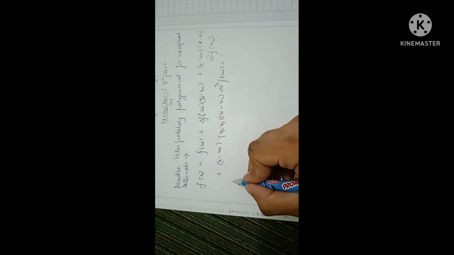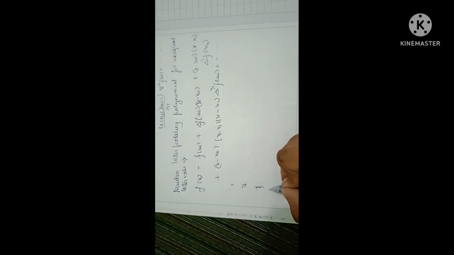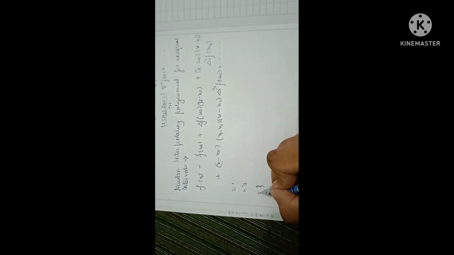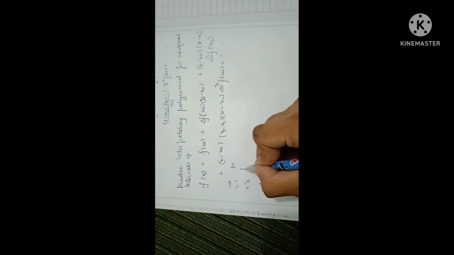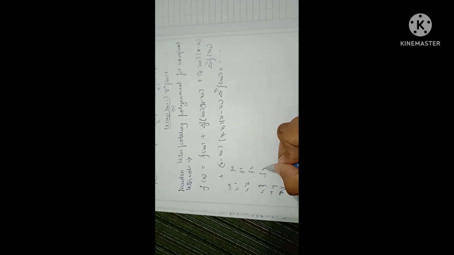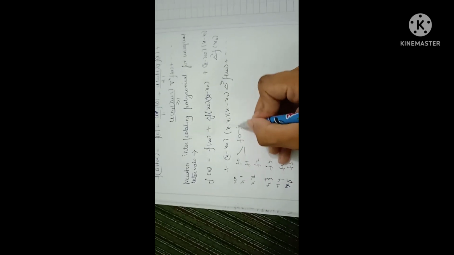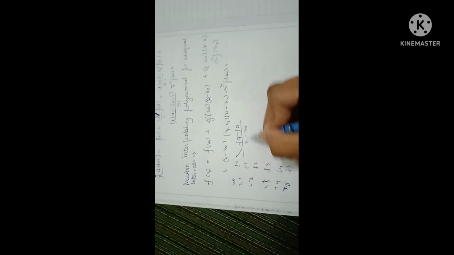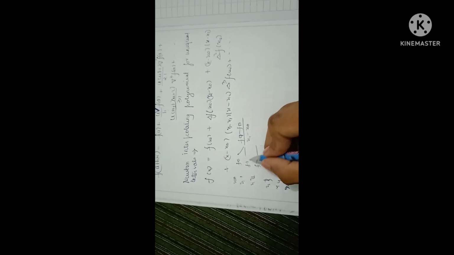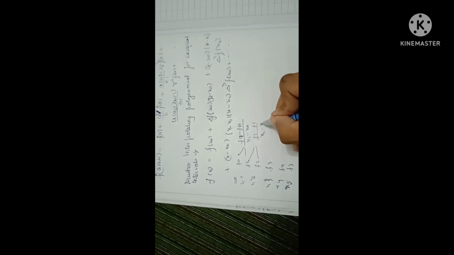And here we find the polynomial. We have points x0, x1, x2, x3, x4, x5 with values f0, f1, f2, f3, f4, f5. Here we take f1 minus f0 upon x1 minus x0, and this is f2 minus f1 upon x2 minus x1.